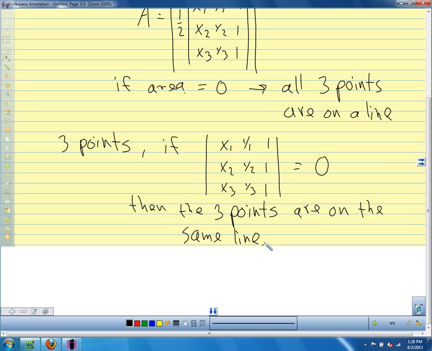So this is a test to decide if 3 points lie on the same line. The type of problem that you might see using this idea, related back to the area of the triangle, is the problem will give you 3 points and say, are these 3 points on the same line? So let's look at a problem like that.